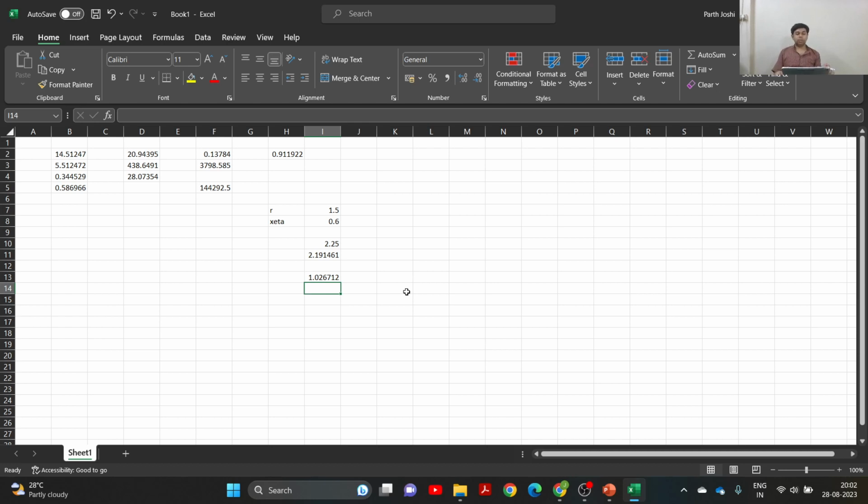So it is given that a spring mass system with mass equal to 0.8 kg and k equal to 10,000 Newton per meter is used as a vibration pickup. So let us draw a diagram of this system.